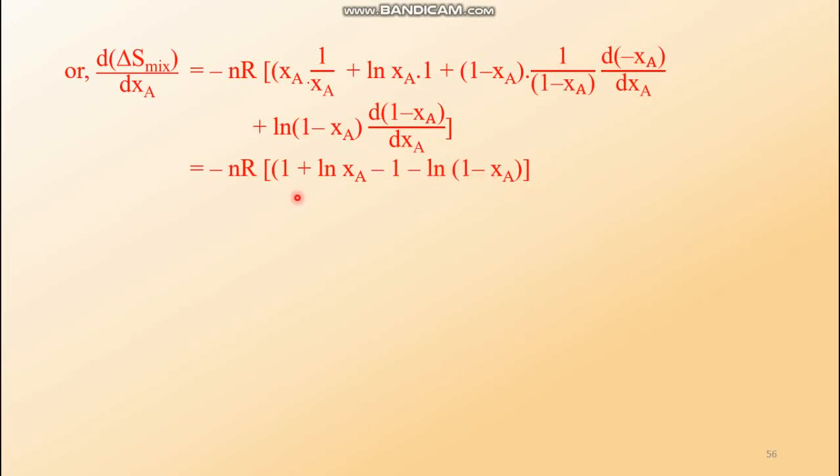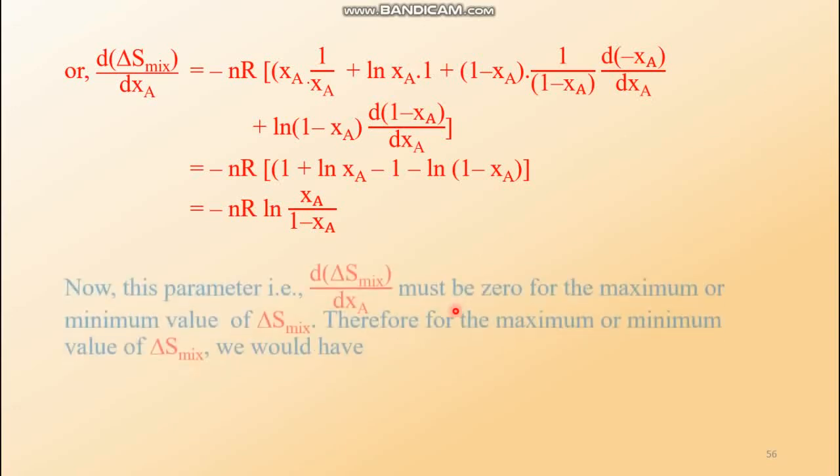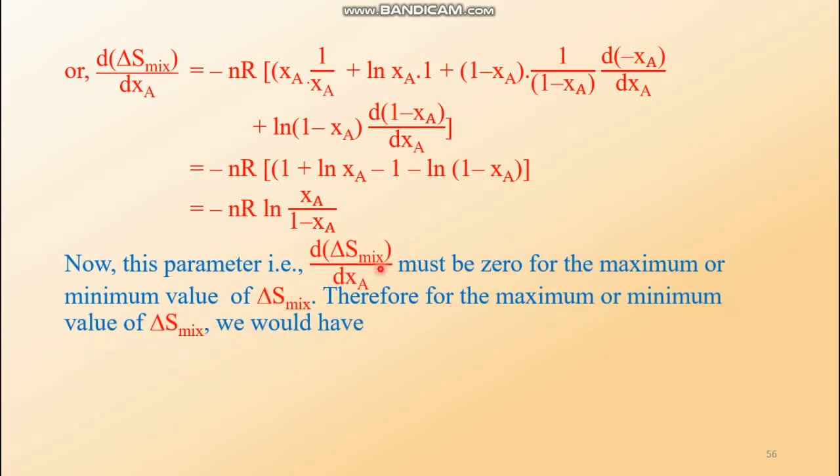Now in the next step, what should happen? 1 and minus 1 would cancel each other, and only ln XA minus ln 1 minus XA would be left. So these two logarithmic terms can be combined as a ratio. So this is actually ln XA by 1 minus XA, and minus NR as usual. Now we have to equate this with 0. This parameter must be 0 for maximum or minimum value of delta S mix.